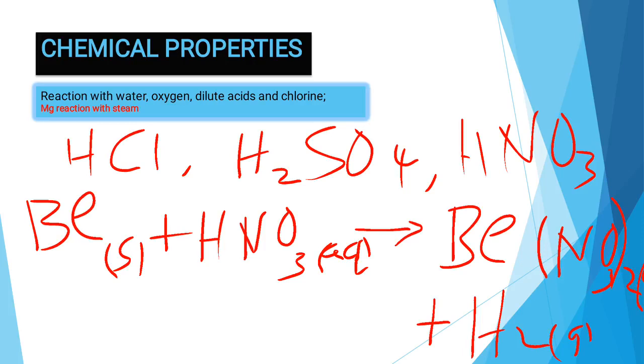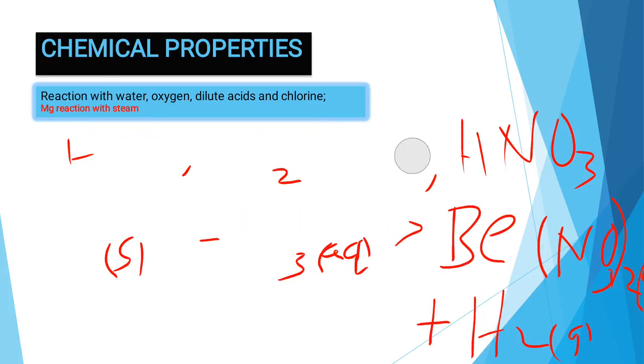So now, next, we look and see whether we can still be able to do the same for the first 3 members of the alkaline earth metals reacting now with sulfuric 6 acid. So what do you expect?